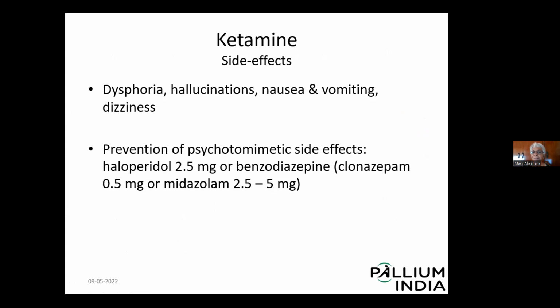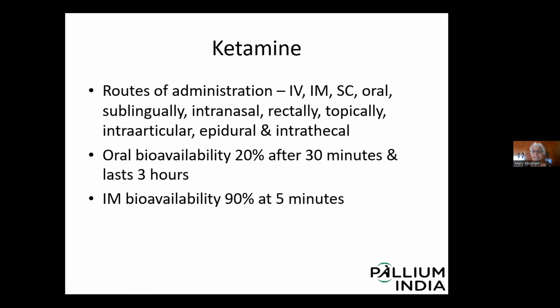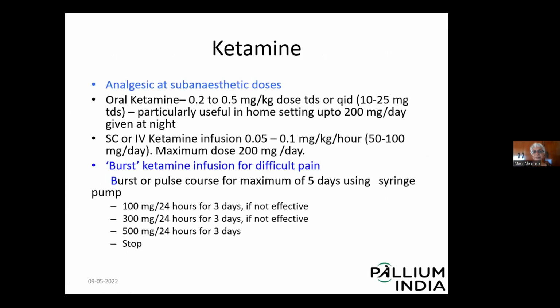So you can prevent it by giving drugs like haloperidol or benzodiazepine. It can be given by a number of routes: IV, IM, subcutaneous, oral, sublingually, intranasally, rectally, topically, intraarticular, epidural, intrathecal. There are a whole lot of routes by which you can give ketamine. And it can also be given orally and IM, which is normally given.